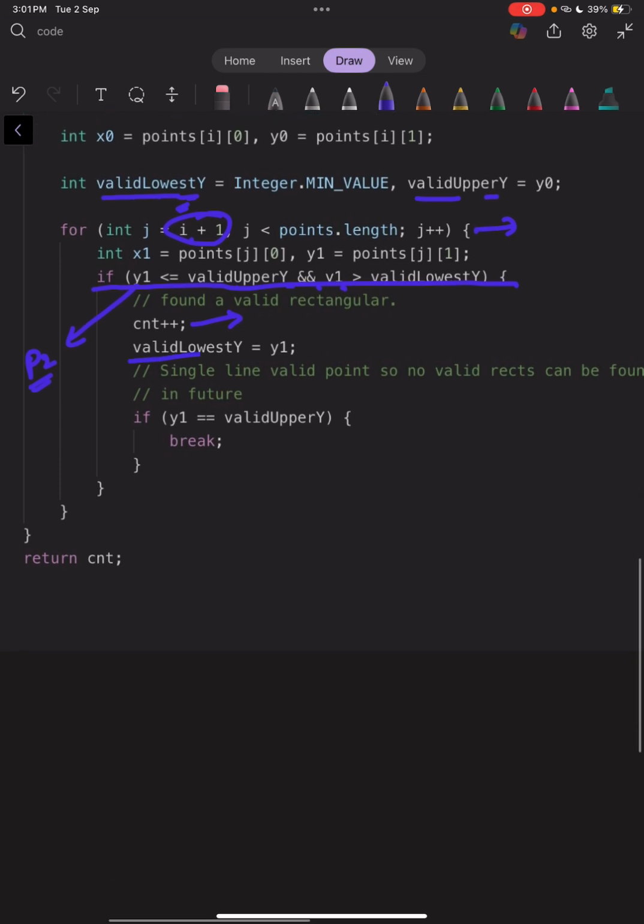We are resetting the lowest point to whatever we have found so far, and then if we are reaching the upper boundary, we can either write it down as valid lowest y as well. Here I used y1. Here the condition could be valid lowest y is equal to valid upper y.